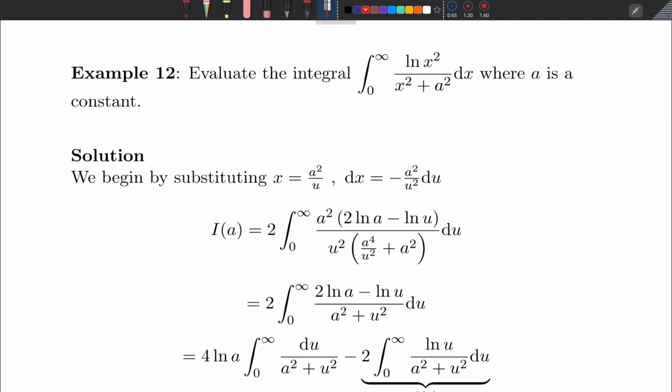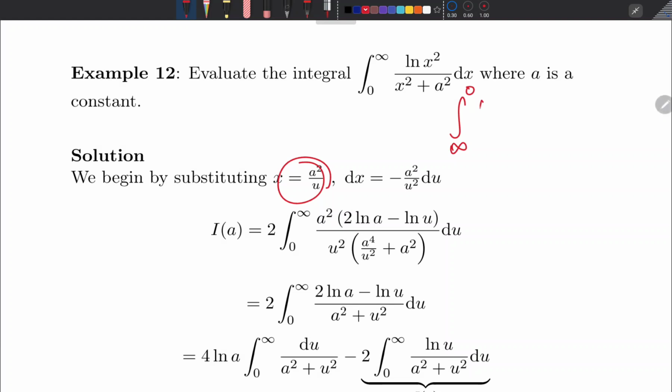So in order to do this, if we consider this substitution, we have the integral from infinity to 0, because I'm having a look at the substitution.